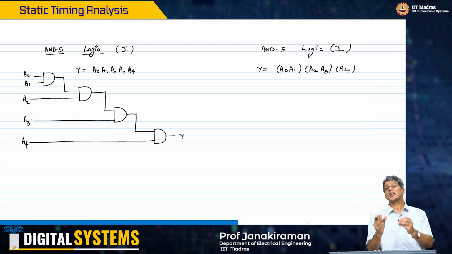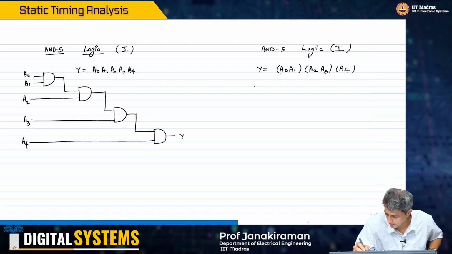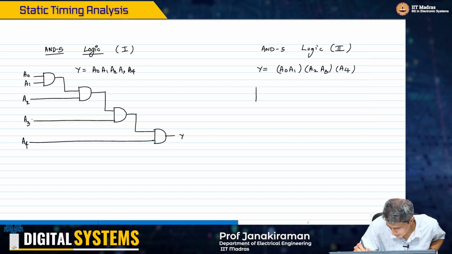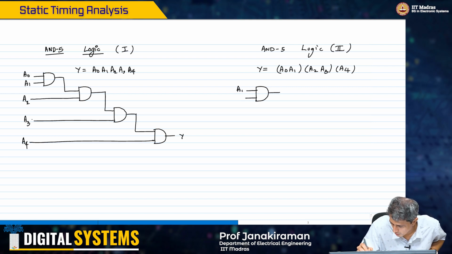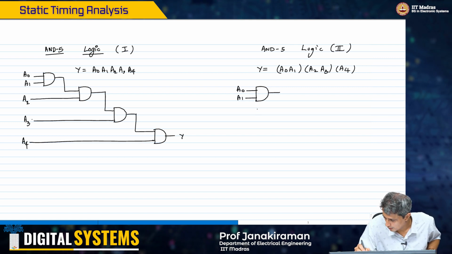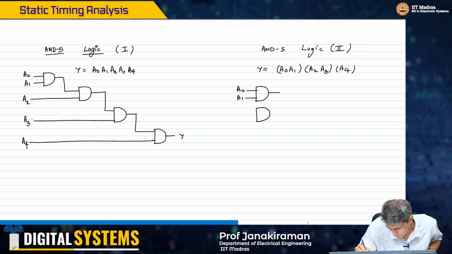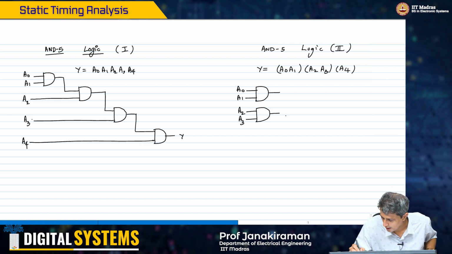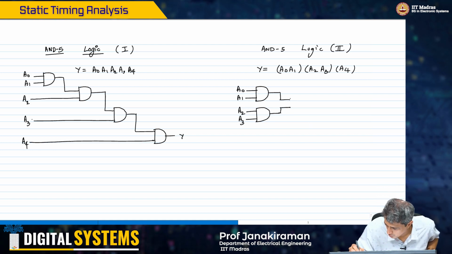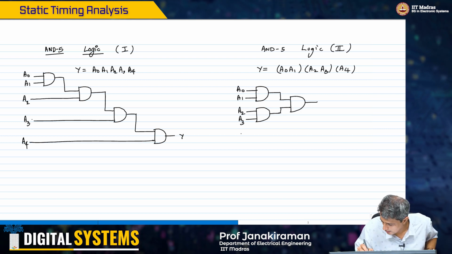This is an alternate implementation that I'm going to look at. So I'm going to do A0, A1, then a second gate like this, A2, A3, and finally I will do A4.